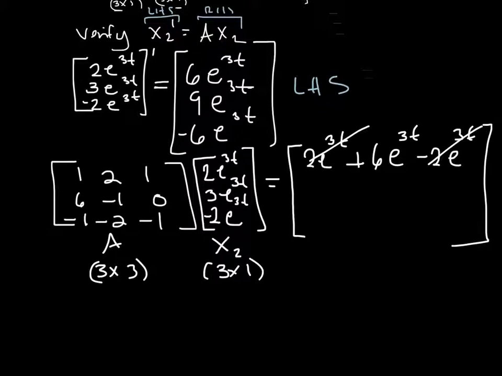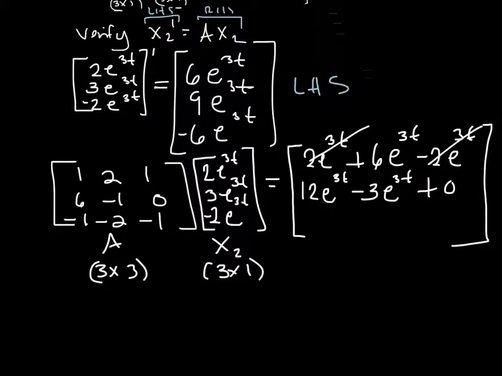And the next guy, so we're going to do row times column. And we have 12e to the 3t minus 3e to the 3t, and then 0, if you want to write 0. And this guy does give us 9e to the 3t, so that checks out.